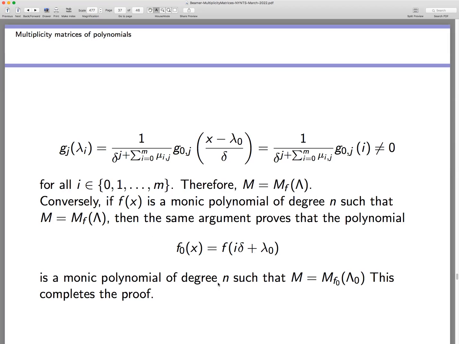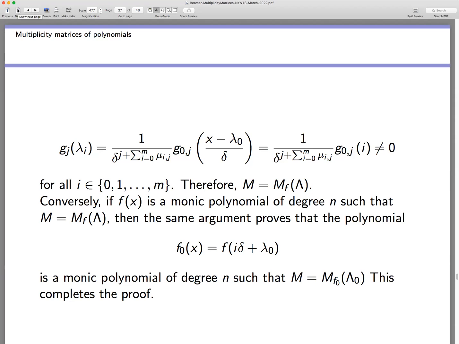This would give you a monic polynomial of degree n, in which M was the multiplicity matrix with respect to 0, 1, 2 up to m. So this says that if you have a multiplicity matrix with respect to the first initial segment of integers, it's also a multiplicity matrix with respect to any arithmetic progression of the same length.